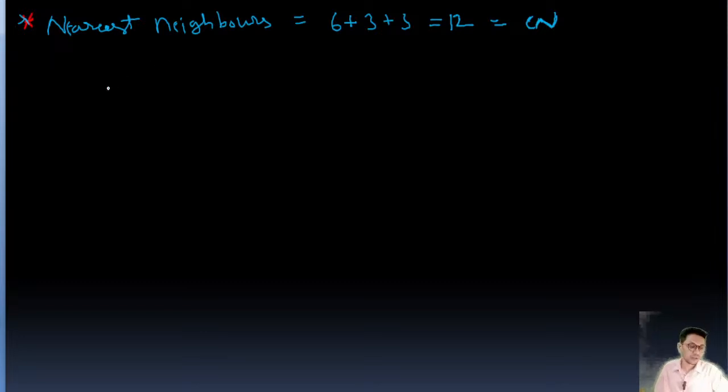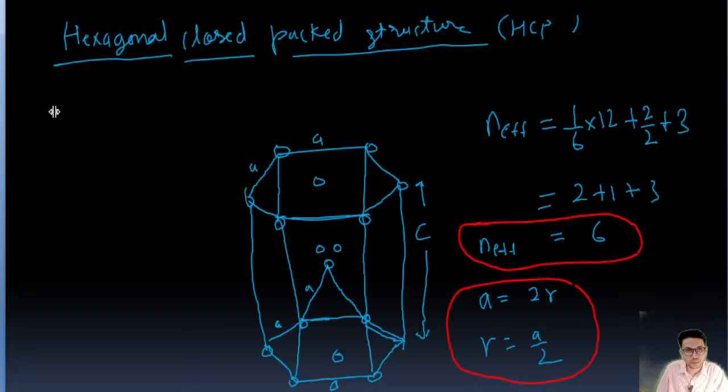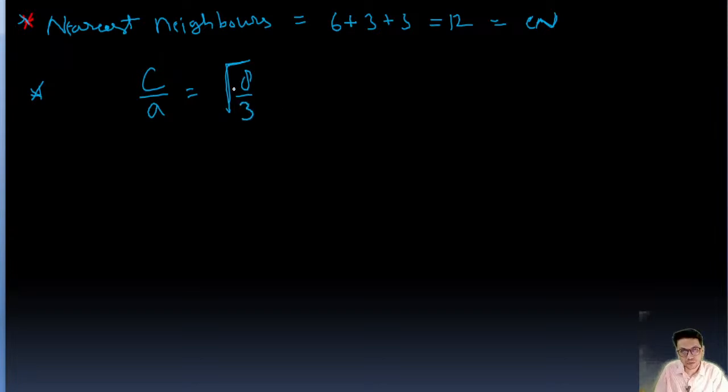Now c upon a is equal to root 8 upon 3, guys. This is very important. c is the height of the hexagonal closed pack structure, so this is the height c and this is the side a. Root 8 upon 3, very important result.